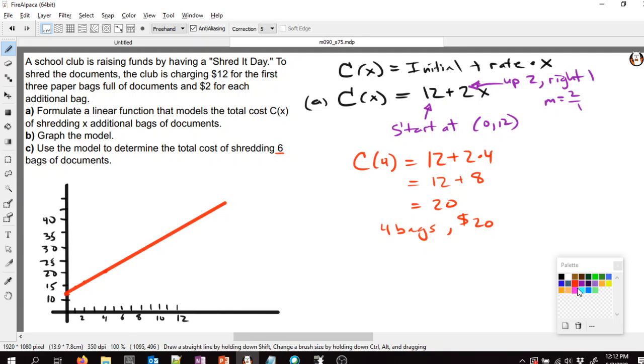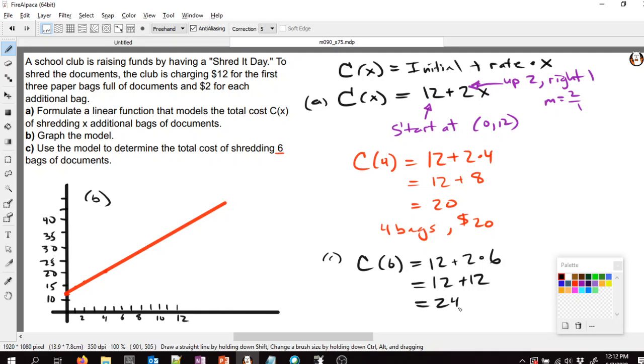6 bags of documents. We can do that. Part B. Then part C. C of 6 is 12 plus 2 times 6, which is equal to 12 plus 12, which is 24.